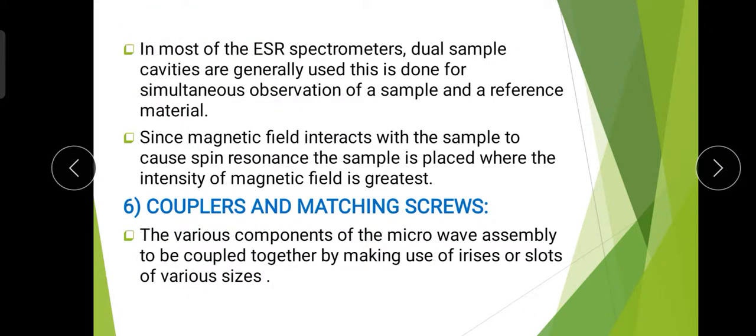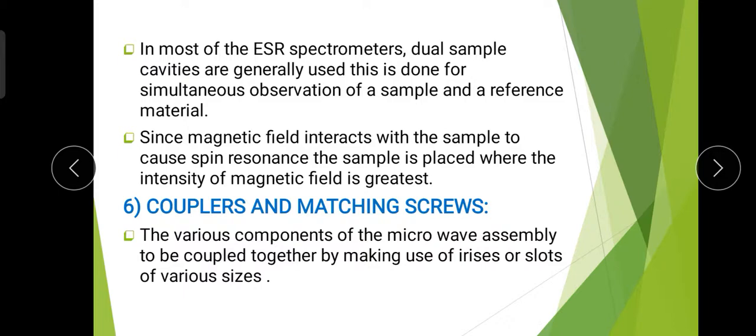Before going to the next component, in most of the ESR spectrometers dual sample cavities are generally used. This is done for simultaneous observation of a sample and reference material.